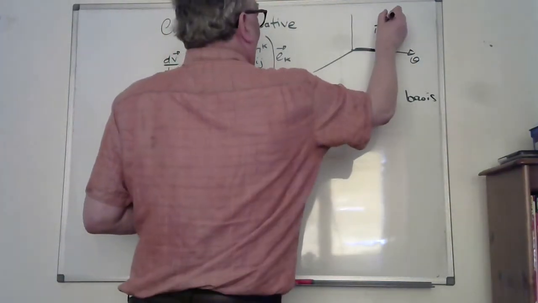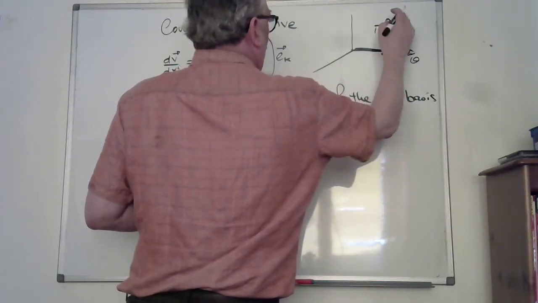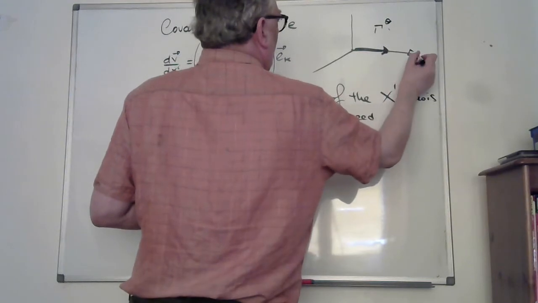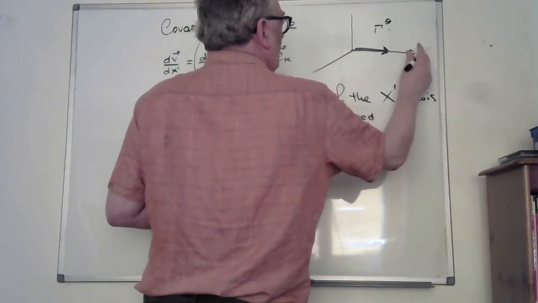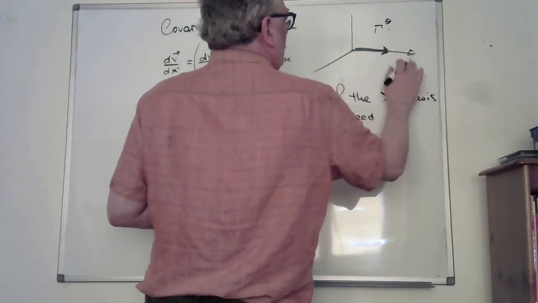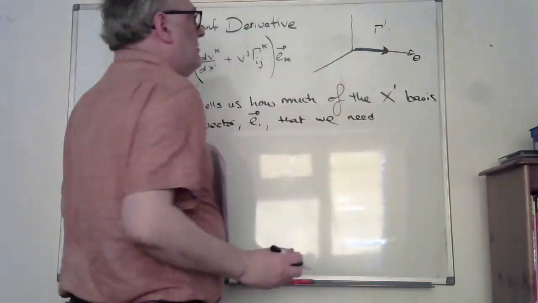And in particular, gamma 1, well, you might write gamma theta, but we're setting theta as the first axis, so we'll keep that as theta, and we'll just write 1 there.